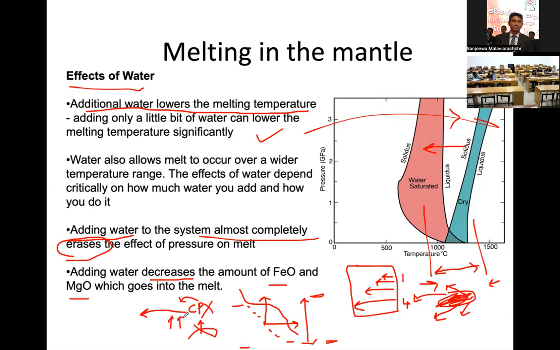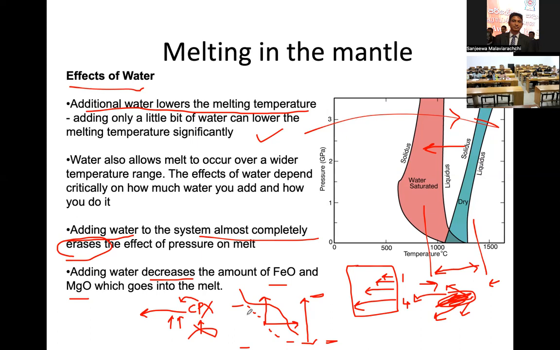Therefore, we don't see the increased rate in such a situation, as during adding water, right? No intense amount of iron and magnesium will be added into the melt, because we are dropping the temperature so that other minerals will also contribute, not a single mineral, right?